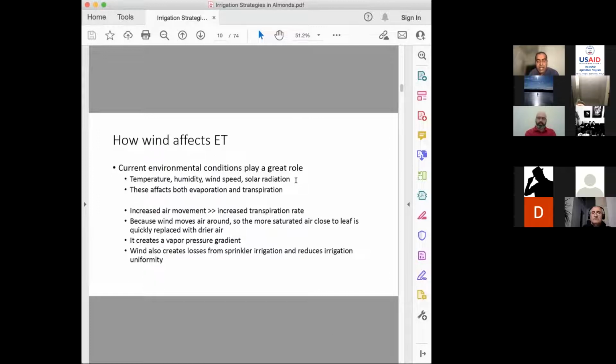So that actually creates a vapor pressure gradient, meaning the relative humidity is much lower just outside the leaf. So there is a deficit in the vapor pressure between inside the leaf and outside the leaf. So that actually increases transpiration a lot.